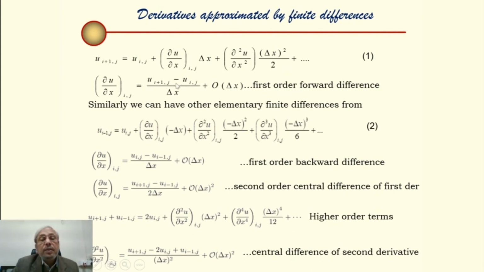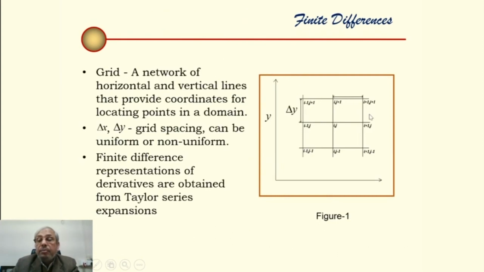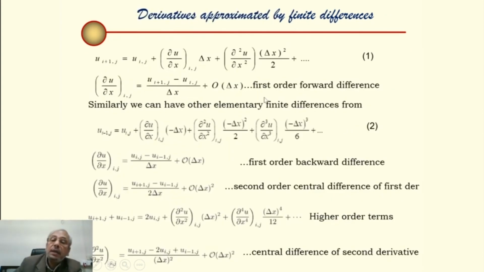So this is called first order forward difference. I+1,j is located ahead of ij, and that is why we are calling this forward difference.